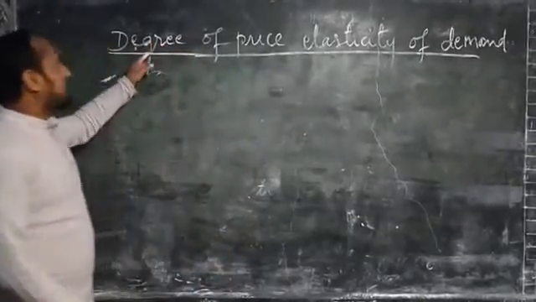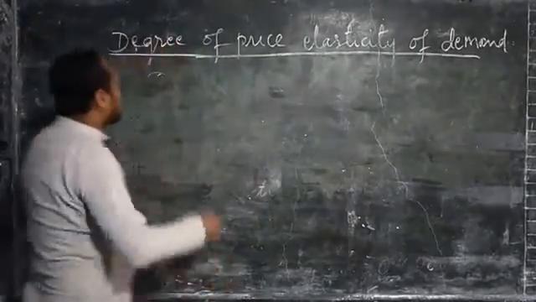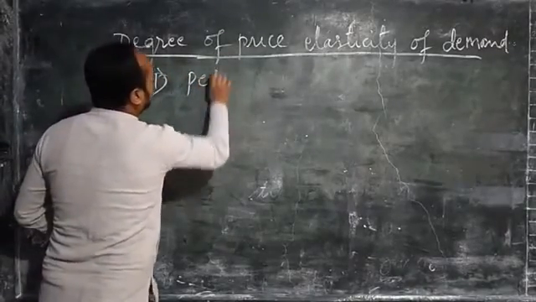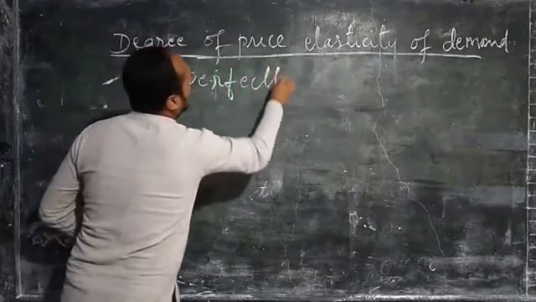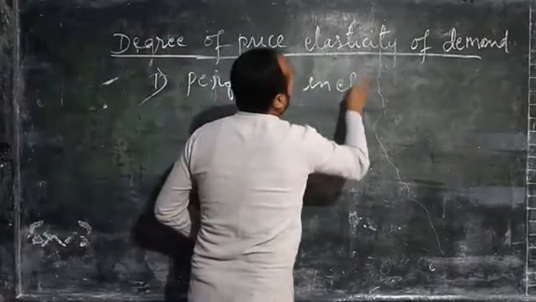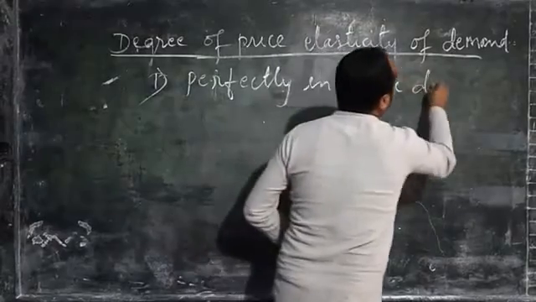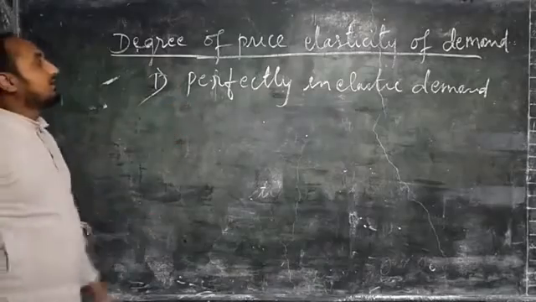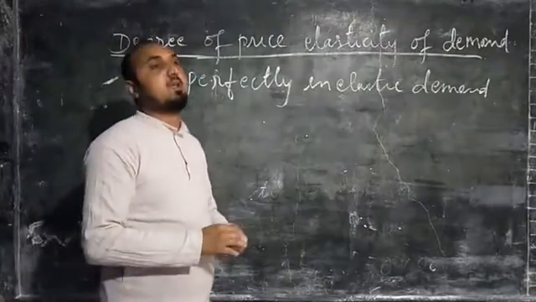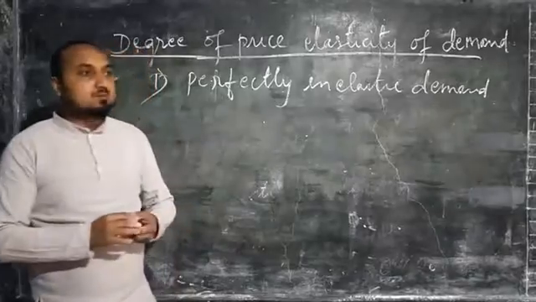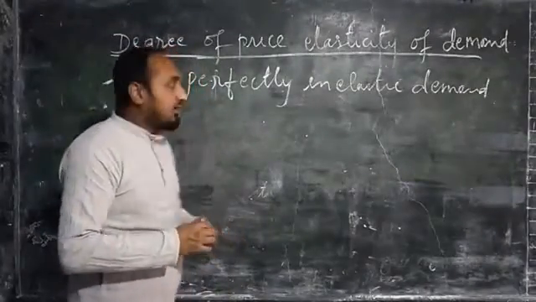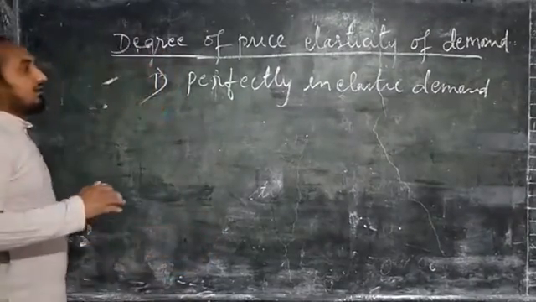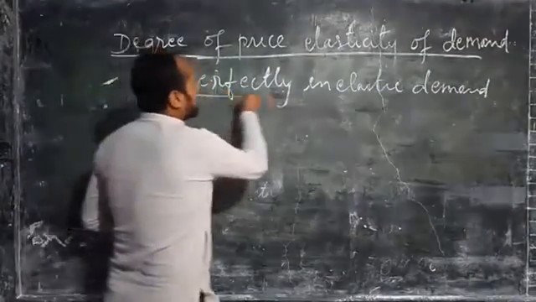Okay, this degree of price elasticity of demand, number 1, we were doing number 1, that is perfectly inelastic demand. Now the concept of perfectly inelastic demand can also be explained with the help of a diagram. Many times this question has been asked in exams: draw the demand curve for perfectly inelastic demand.